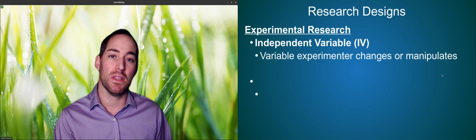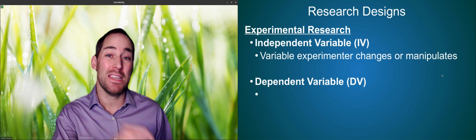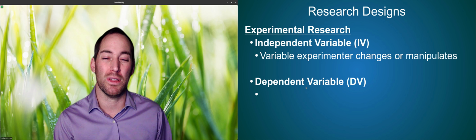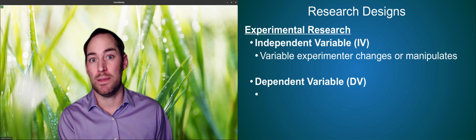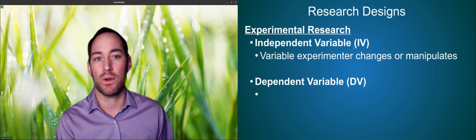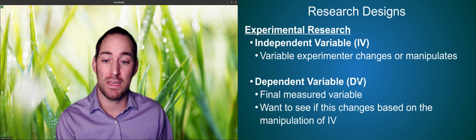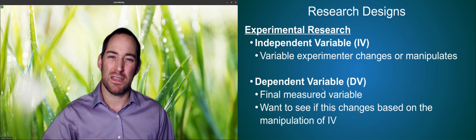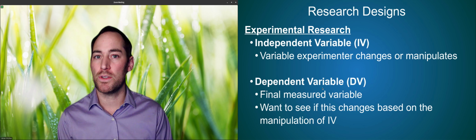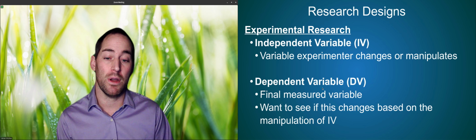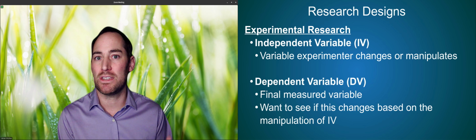We're changing the loudness to see if it will affect the dependent variable. So the dependent variable is dependent on the independent variable. The independent variable is also called IV, and the dependent variable is also called DV. You might think of the DV as the final measured variable. So our test score is our dependent variable, the thing that we want to see if it's changed because of the independent variable.